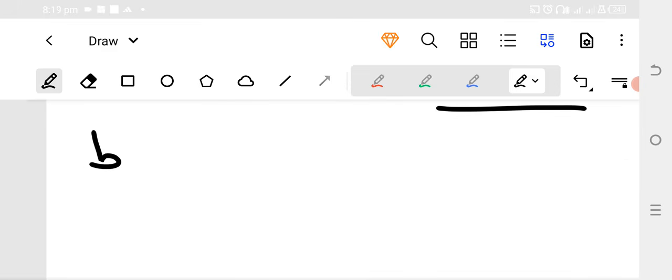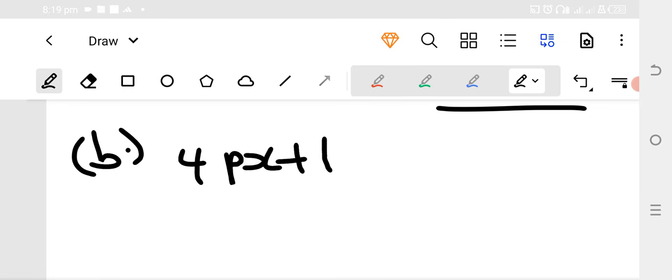So our B will be (4px plus 1) raised to the power 8.